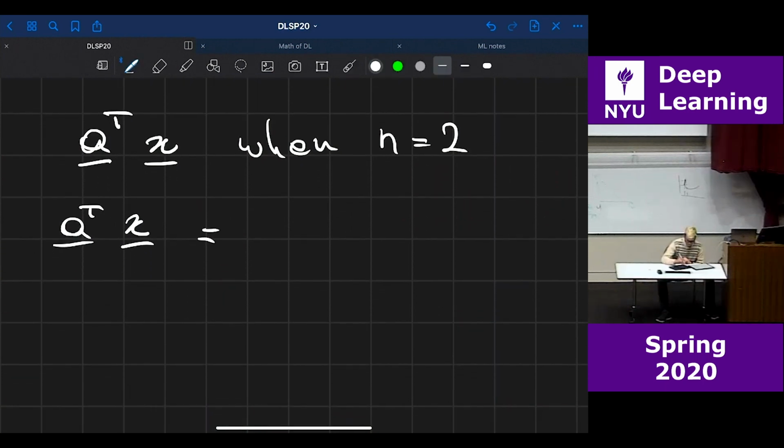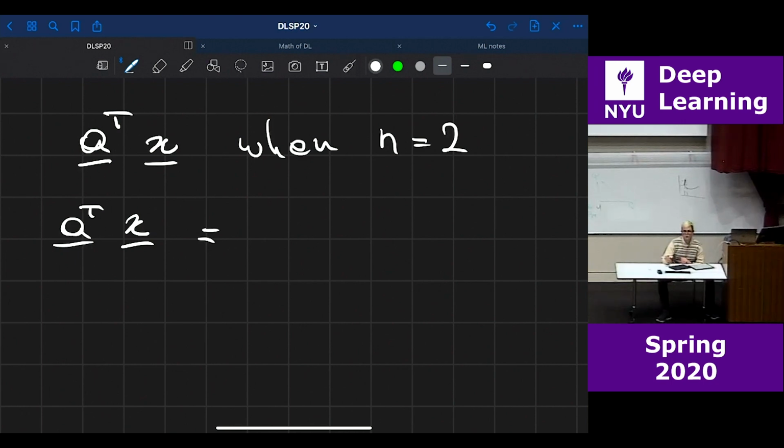Is M also equal to 2? No. It can be arbitrary, right? This is a generic one of the many A's. There are M A's, and this is one of those M A's. So I'm multiplying one of those A's times my X.